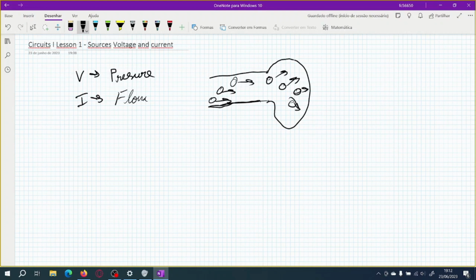So here the voltage will increase, because the balloon will get bigger and the pressure inside will just grow. And we represent voltage in volts and the current in amps, or ampere from the physics.